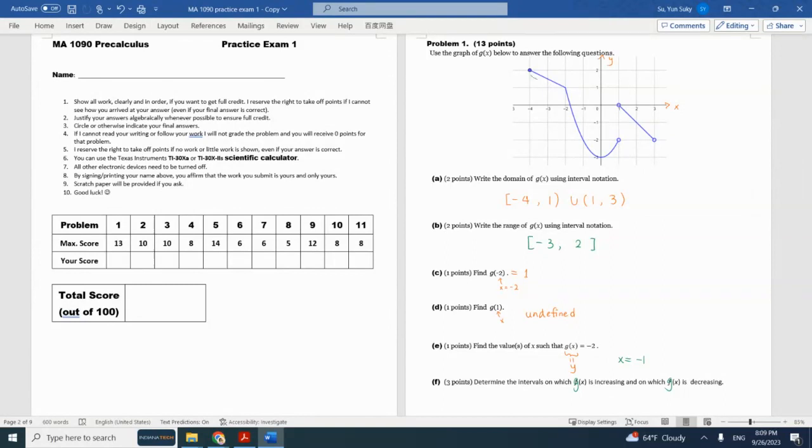Do you see here is decreasing? And then here is also decreasing until we reach this point. This point is when x is 0. So when we are asked to find the intervals, they're intervals of x. Okay, so from x is -4 to x is 0, we have the function is decreasing.